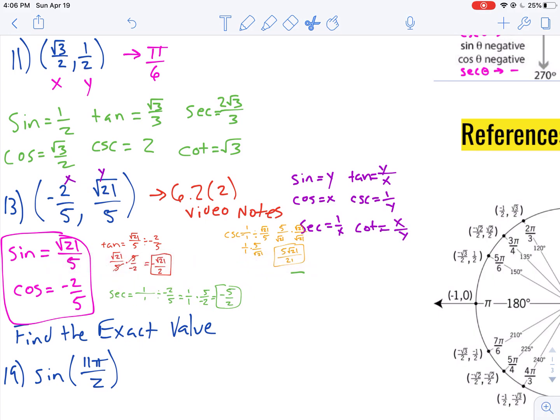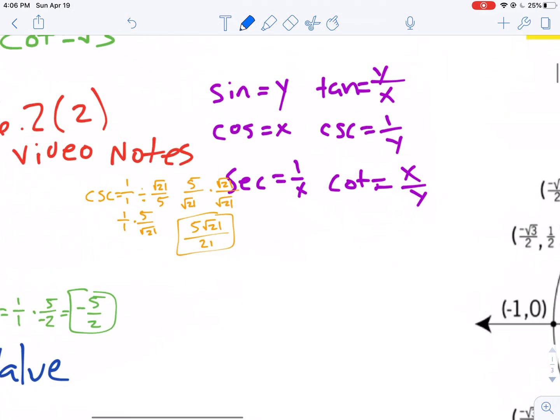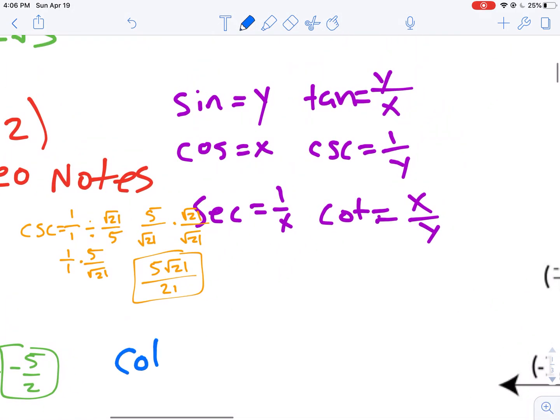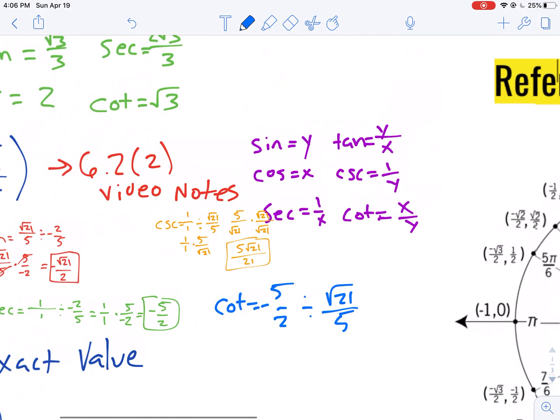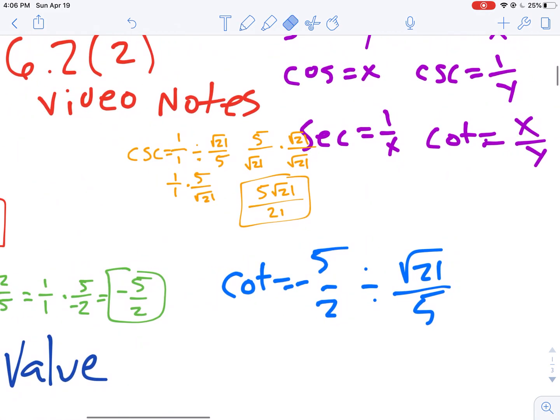Finally, last thing that I'll have is my cotangent. My cotangent is going to be negative 2 over 5 divided by root of 21 over 5, I apologize.